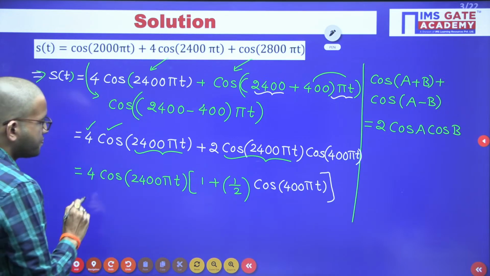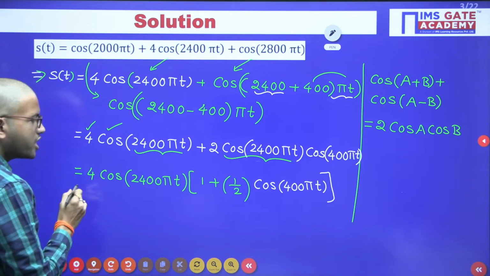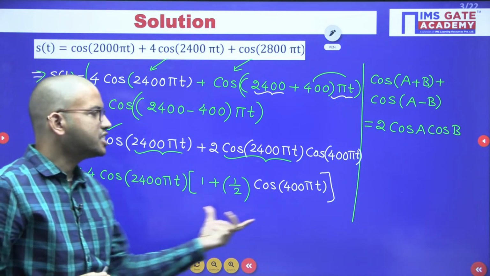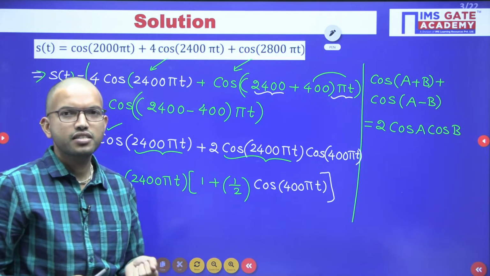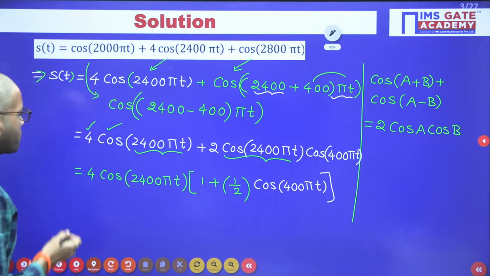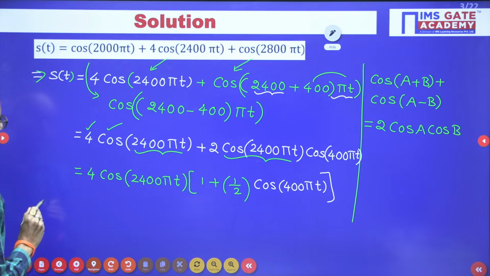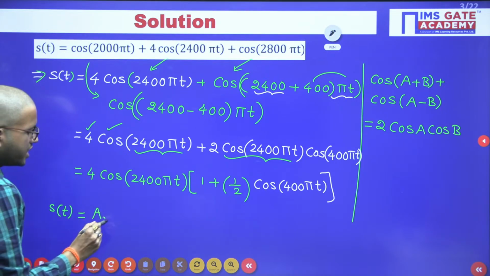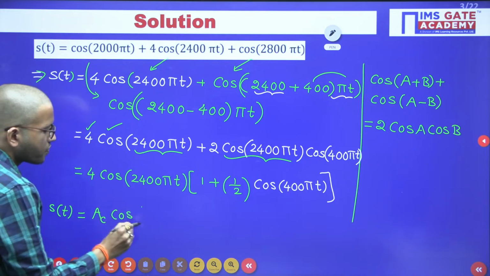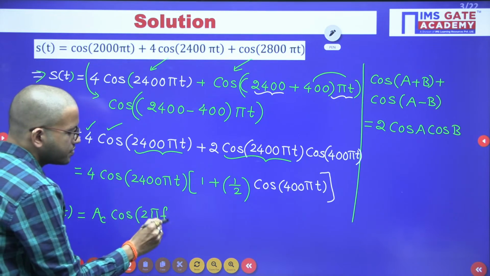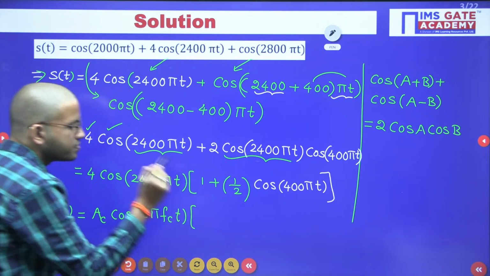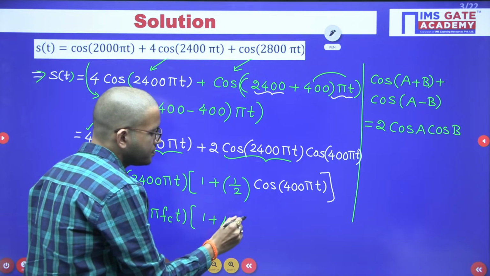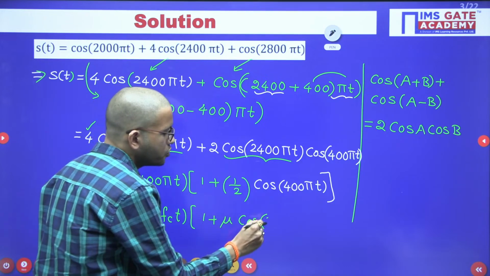Now whatever the equation here you got, now you can check with your standard equation of AM signal. You are having the standard equation of AM signal as s(t) equal to Ac cos 2 pi fc t into 1 plus mu cos 2 pi fm t.